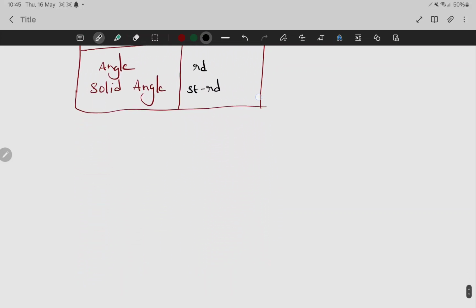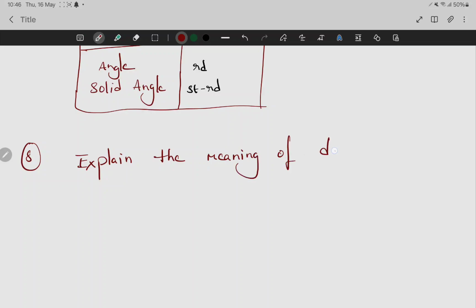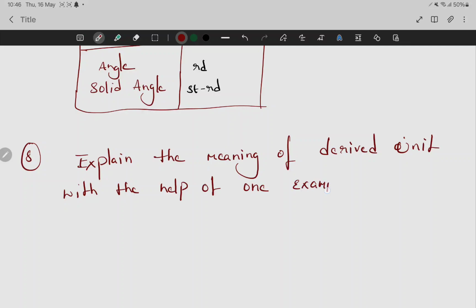Next, explain the meaning of derived unit with the help of one example.